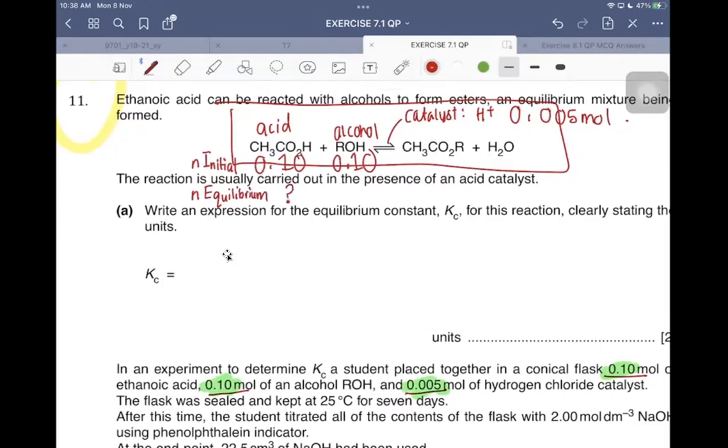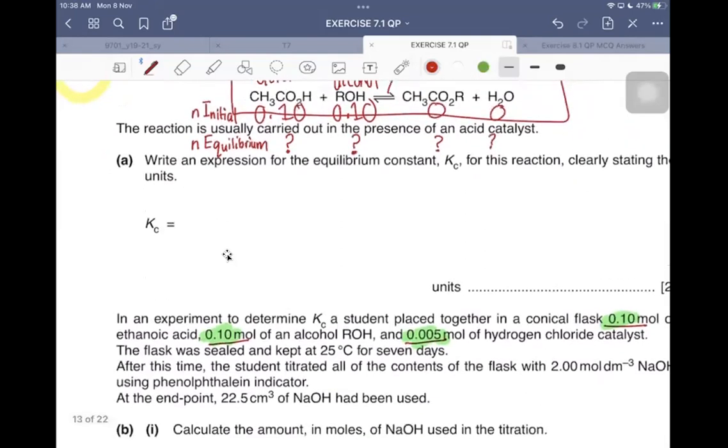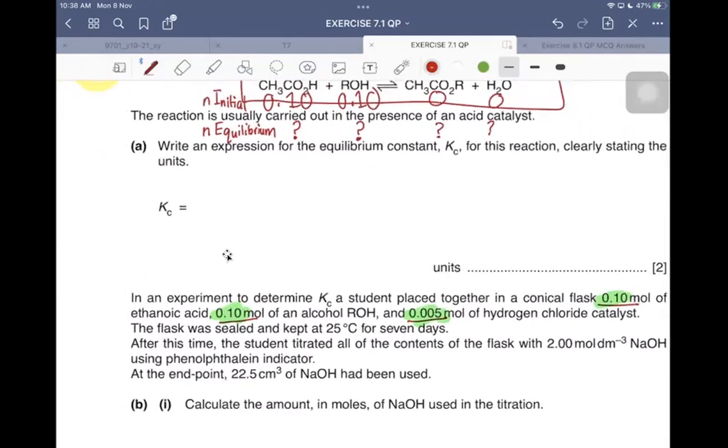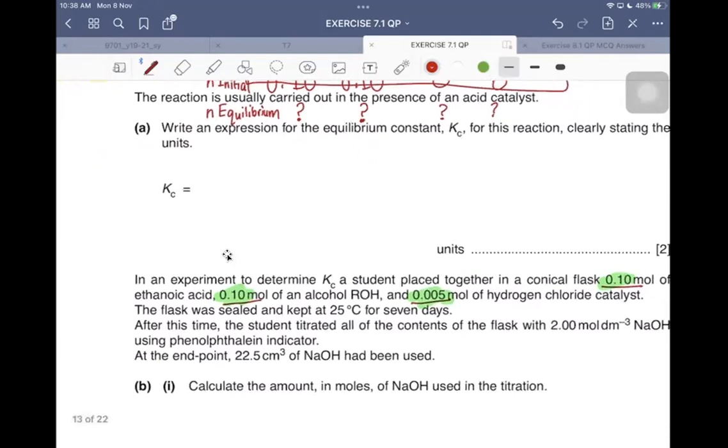I'm guessing initially you've got 0 moles of products. The question is the number of moles at equilibrium because you would need that to calculate your Kc values. The initial will help you to work out the values at equilibrium. So it's not at all useless.